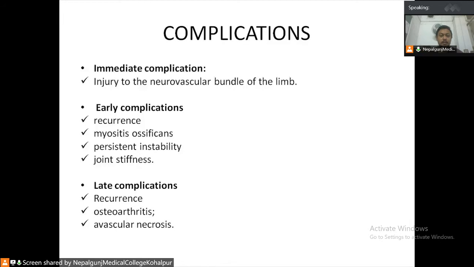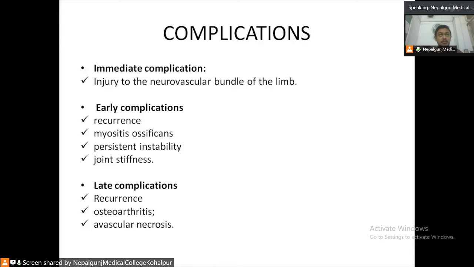The early complications: there can be a recurrence, as in the case of the shoulder, which can have recurrent dislocation. There can be myositis. There can be persistent instability unless surgically treated.